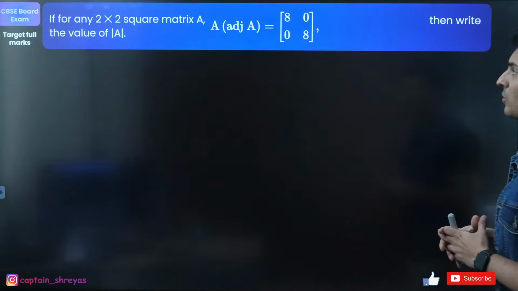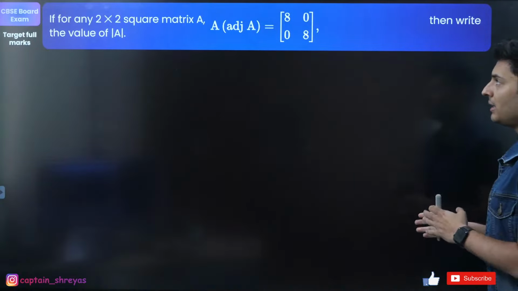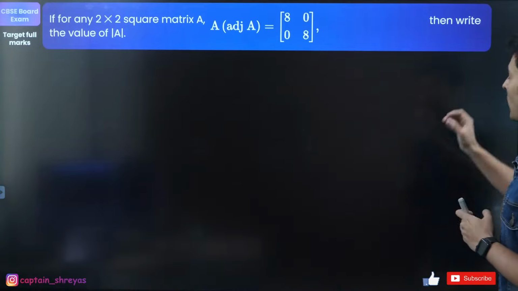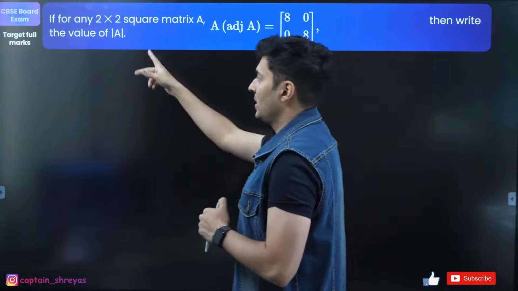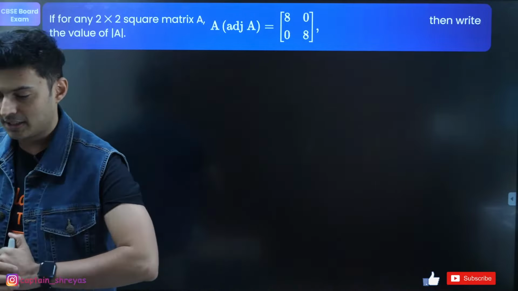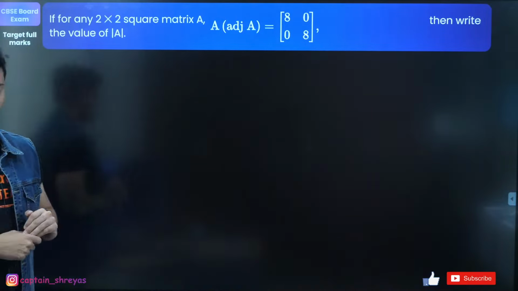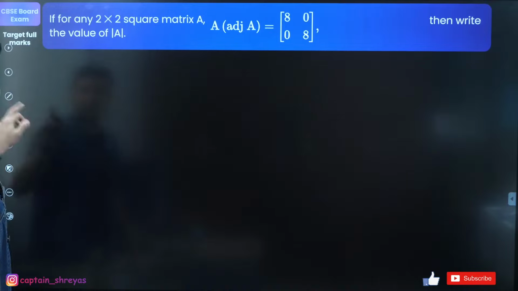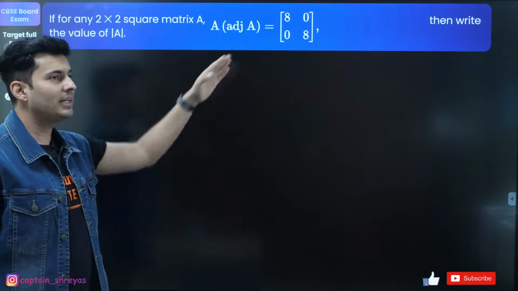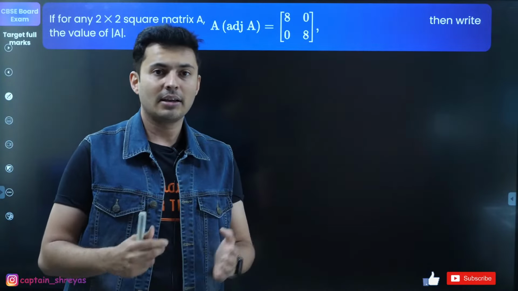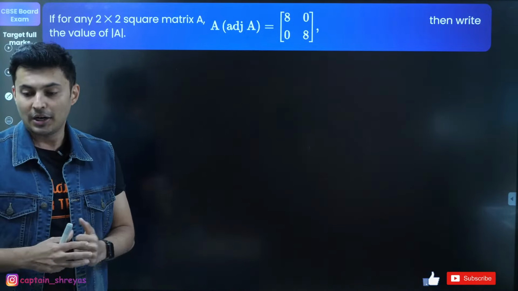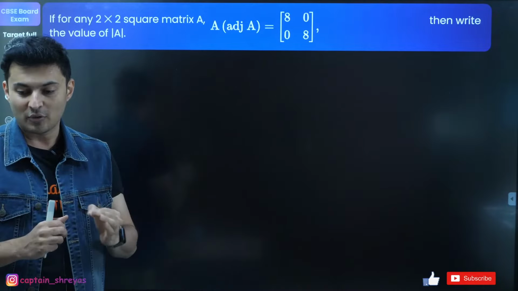For any 2 by 2 square matrix, if A adjoint A is equal to the matrix [8 0; 0 8], then write the value of mod A. All right, let's see what the solution should look like. Now the moment you see adjoint in the equation, you should recollect all the formulas of matrices.